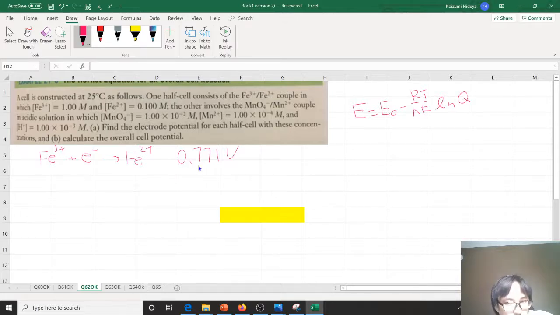For this particular case, let's write out everything in one shot.